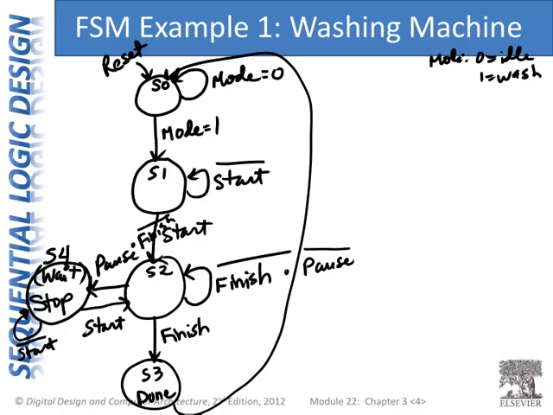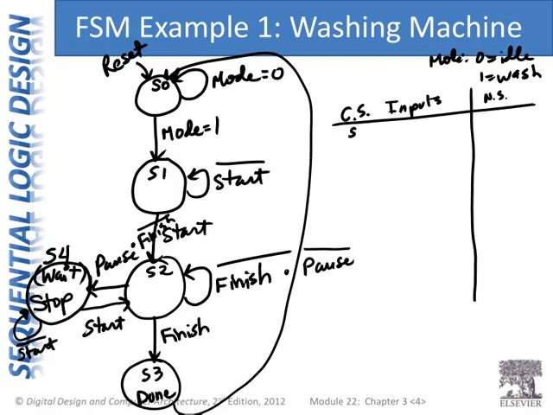Okay, so now we can write our state transition table. Current state on the left, and our inputs, and we put our next state on the right. So if our current state is S0 and our inputs, well, in this case, we're only looking at mode. Right up here, I'll say what these are equal to.